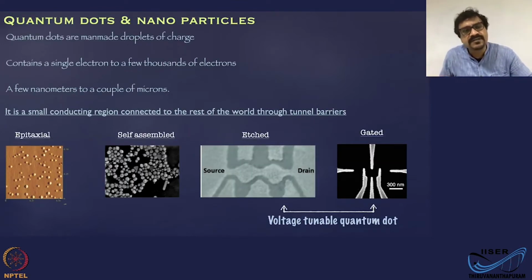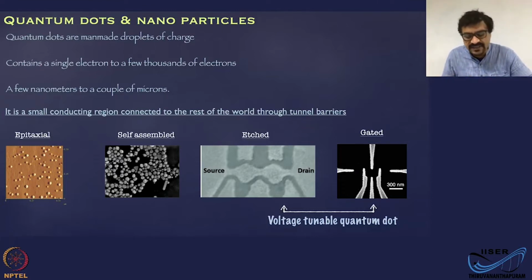When people discuss quantum dots, many times quantum dots and nanoparticles are used synonymously, but they are not the same. Quantum dots are man-made droplets of charge. Those are small nanoscale or microscale conducting regions where quantum effects due to confinement are observed. Nanoparticles could be nanoscale or microscale size material of insulating nature also.